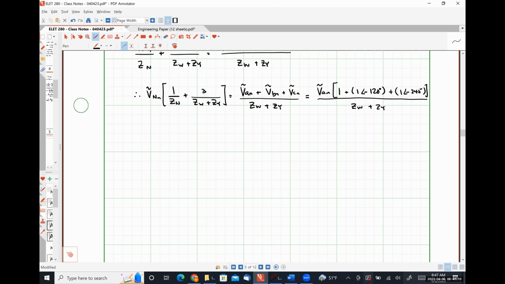So one of you guys take your calculator and tell me what 1 plus 1 angle negative 120 plus 1 angle negative 240 is.